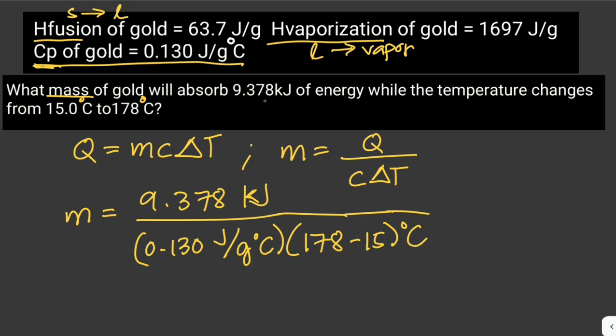Since the energy here is given in kilojoules, we need to convert this into joules. 1 kilojoule is equal to 1000 joules. So this is just equivalent to 9,378 joules.